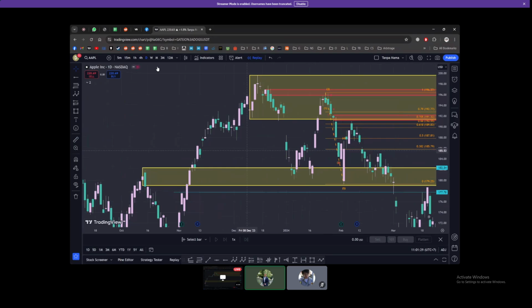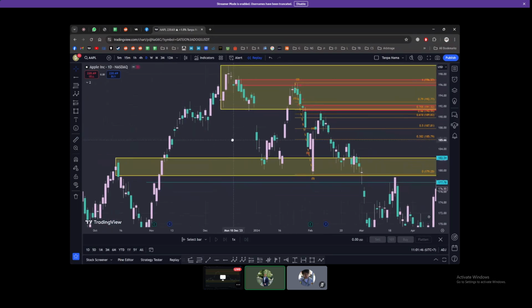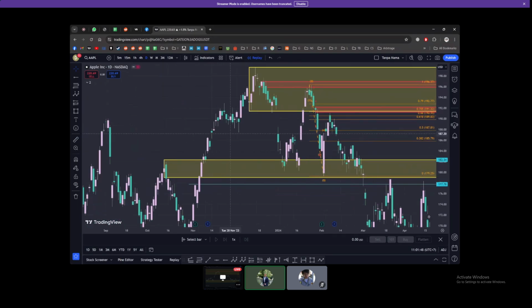And once the support zone breaks down, it's going to go for the next support zone to the downside, which is not even present. The new lows are sitting at 170 something. I need to check what that low might be. So somewhere around 168.